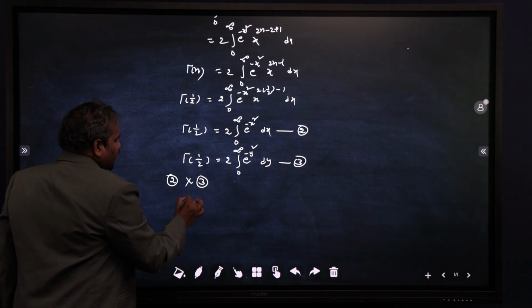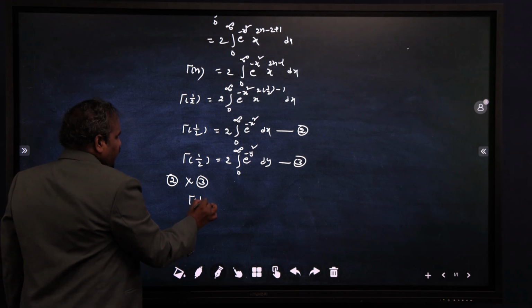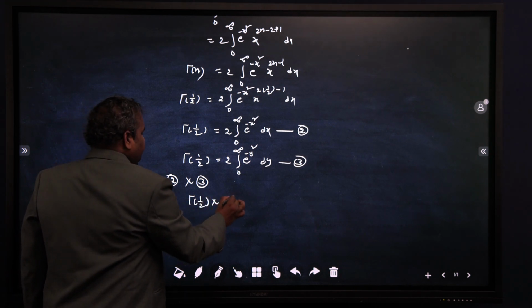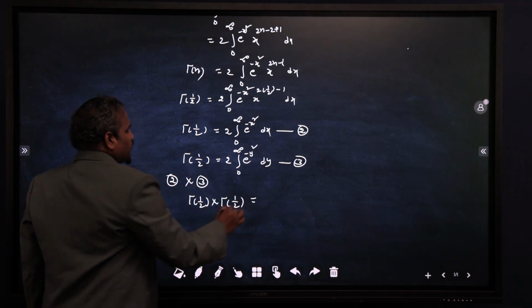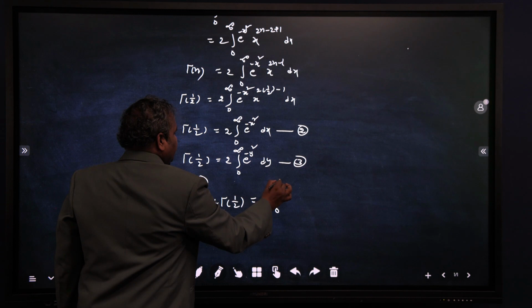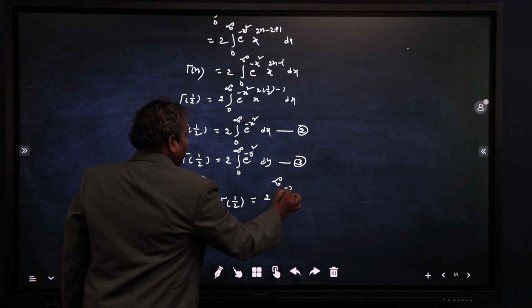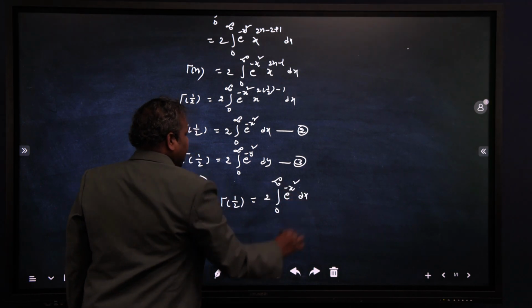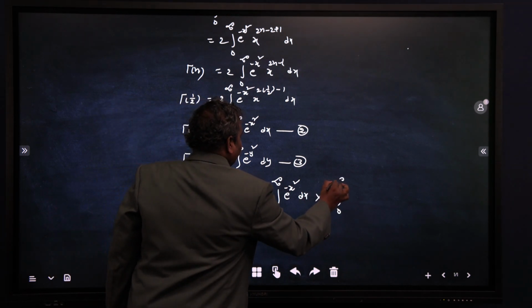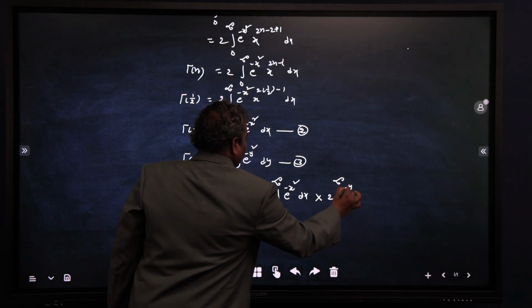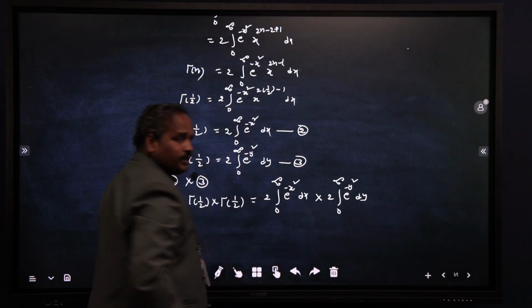Left hand side gamma of 1 by 2 into gamma of 1 by 2. Right hand side 2 into integral 0 to infinity e power minus x square dx, 2 into integral 0 to infinity e power minus y square dy.